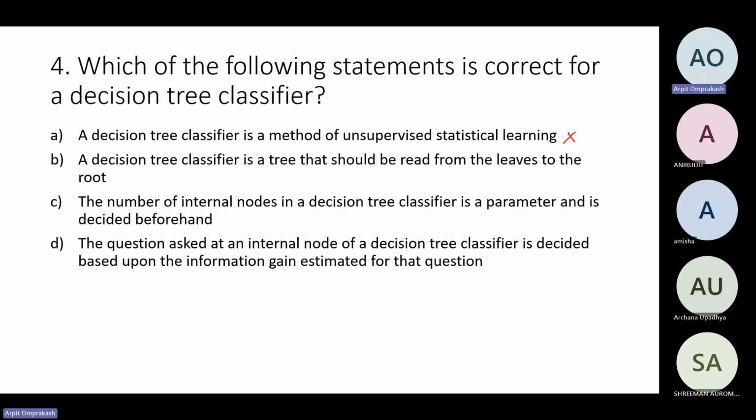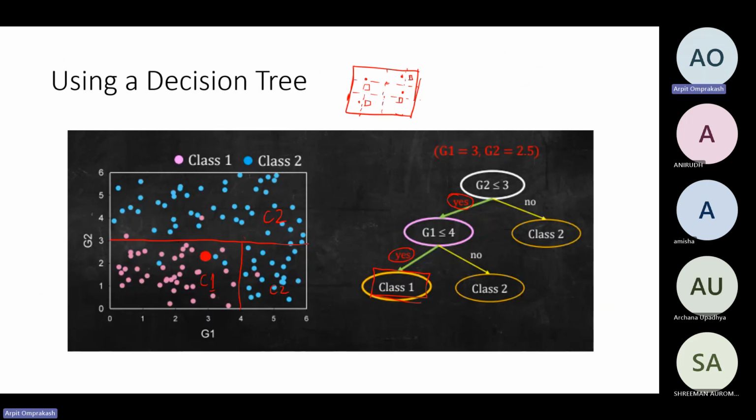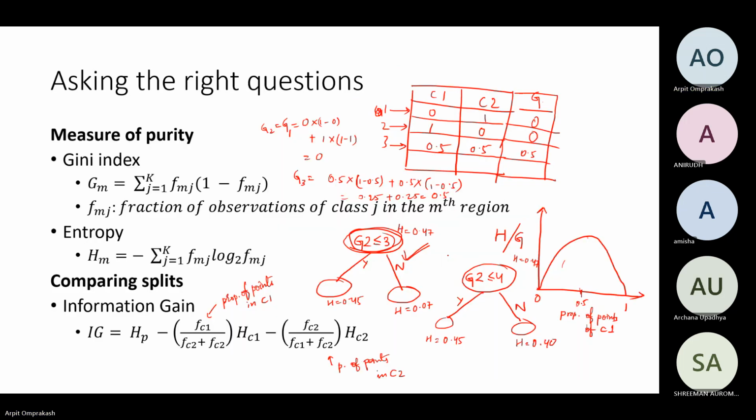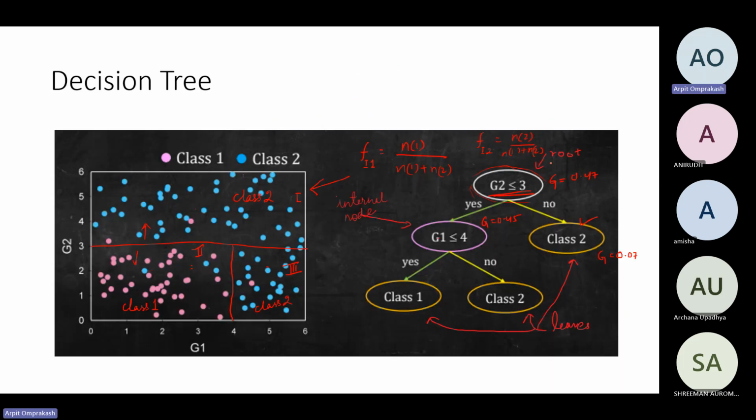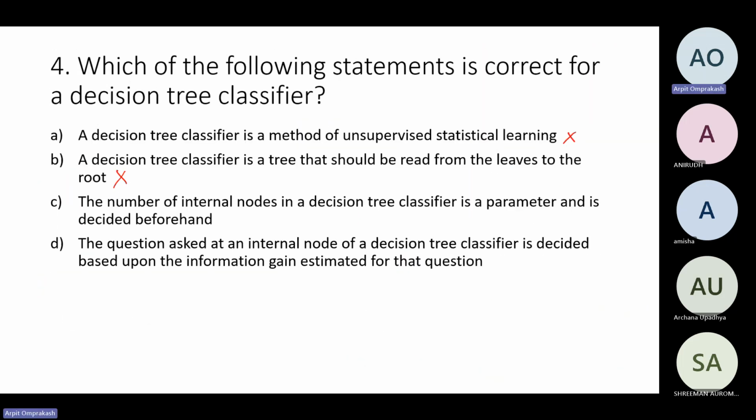So it's a supervised statistical learning method, not an unsupervised one. The second: a decision tree classifier is a tree that should be read from the leaves to the root. This is again false. When we are reading a decision tree to make decisions, we are reading it from top to bottom, and the top part is the root. We are reading it from root to leaf, not leaf to root. So this is also false.